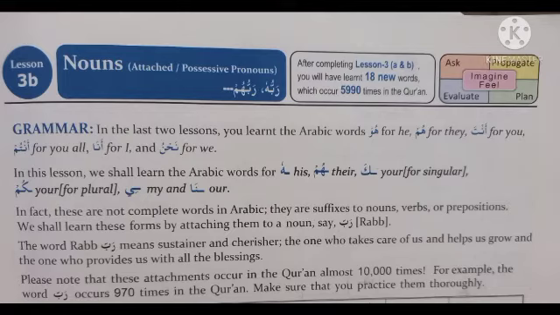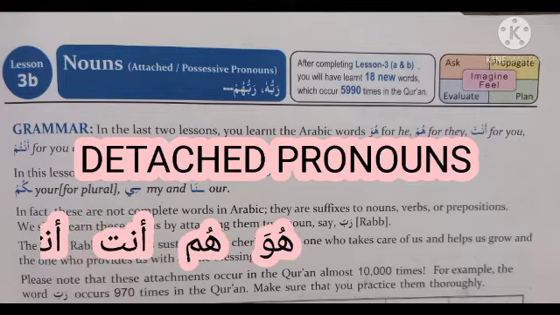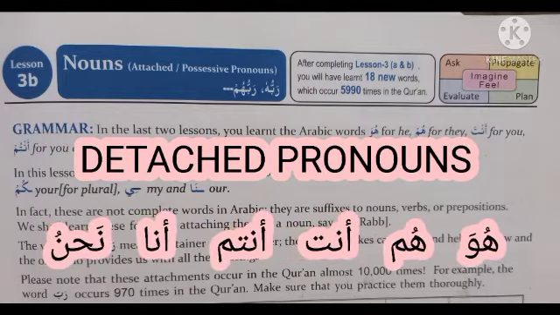This is your Understand Quran class, and the lesson is lesson number 3b about attached nouns and pronouns. Before this lesson, we have talked about the detached pronouns, which were huwa for he, hum for they, anta for you, singular, antum for you all, ana for me, I, and nahnu for we.